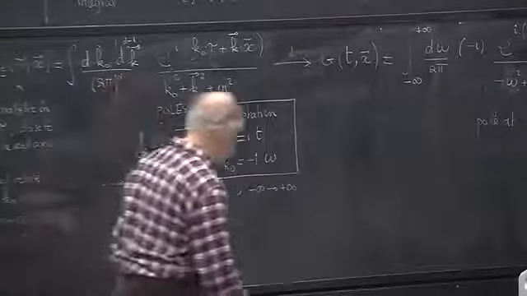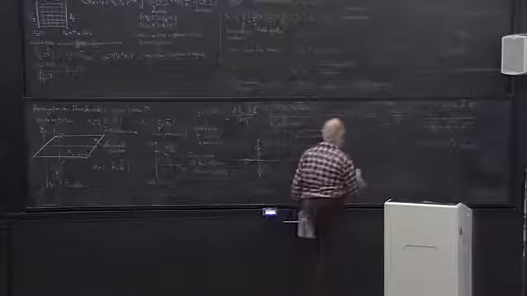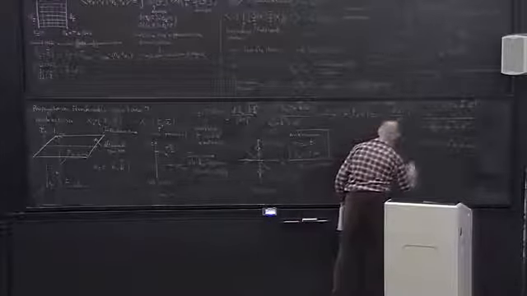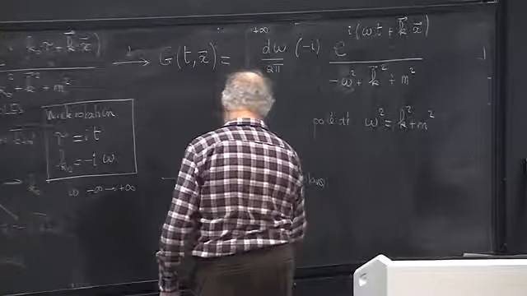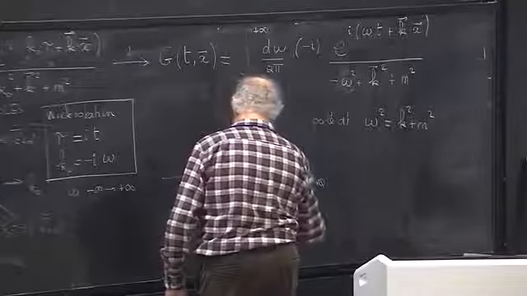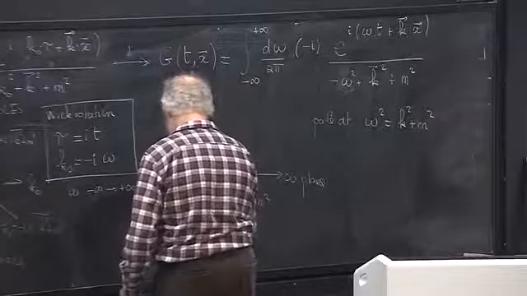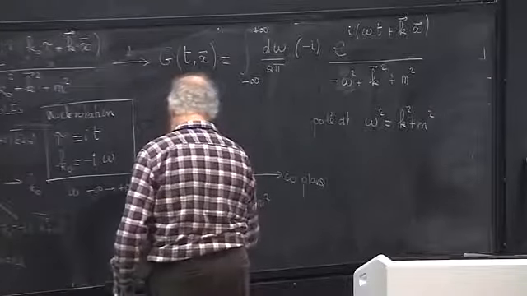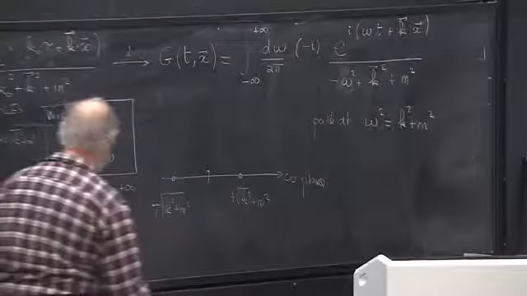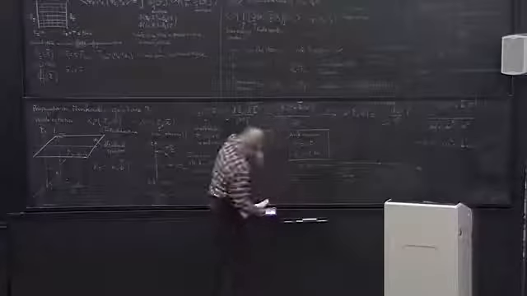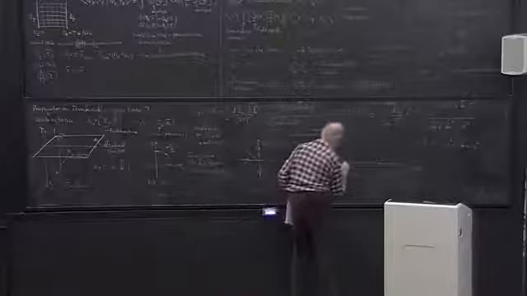In other words, in the omega plane, we have a pole here at plus square root of k squared plus m squared, and a pole here at minus square root of k squared plus m squared. And my contour of integration is, remember, I'm just rotating this like that. So my contour of integration is like that.